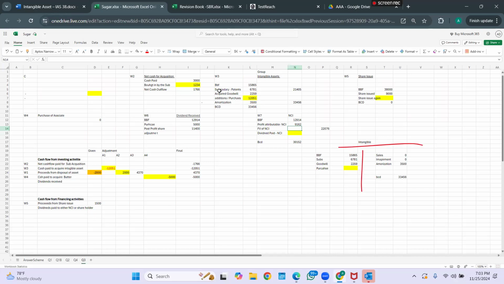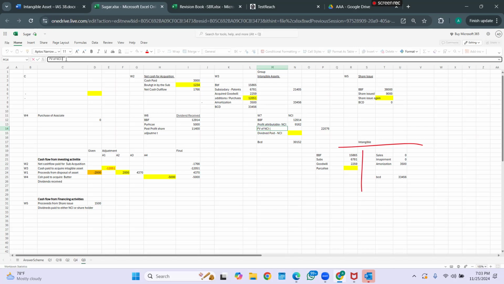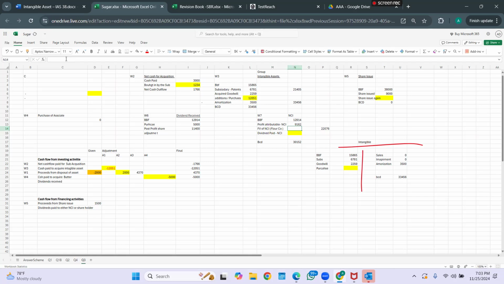That also needs to be added because this opening balance is related to other non-controlling investments in different companies. This is related to FLACO. So how much do I need to include? Let me link it up again.